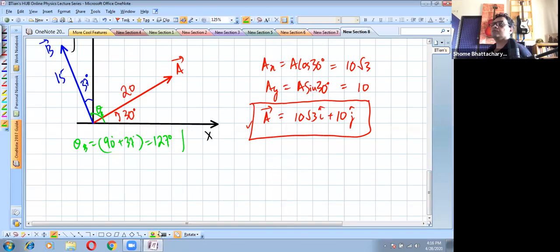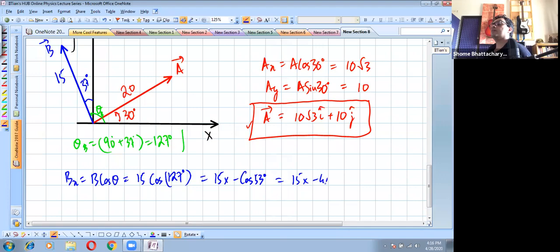So now with that you can see for the vector B, Bx is B cos theta, which is 25 cos 127 degrees. Now you've done enough trigonometry to recall that this will become minus cos 53 degrees. So that is 25 into minus of 4 by 5.